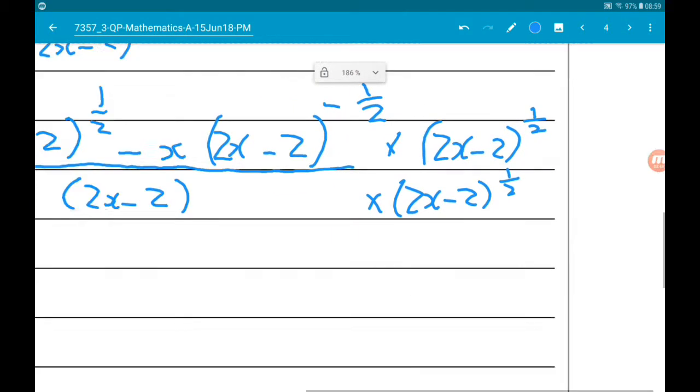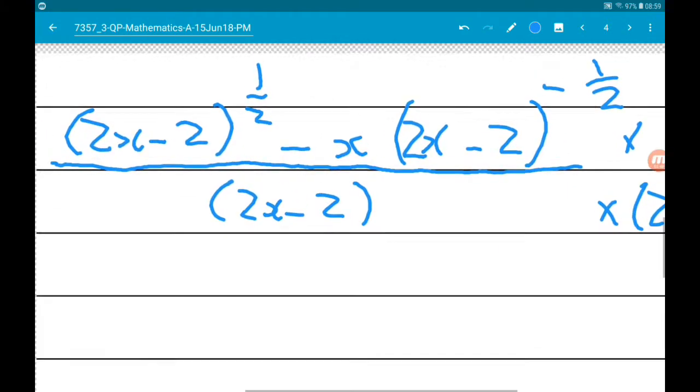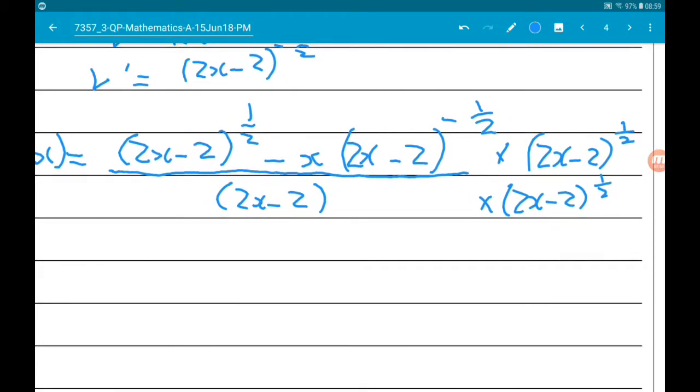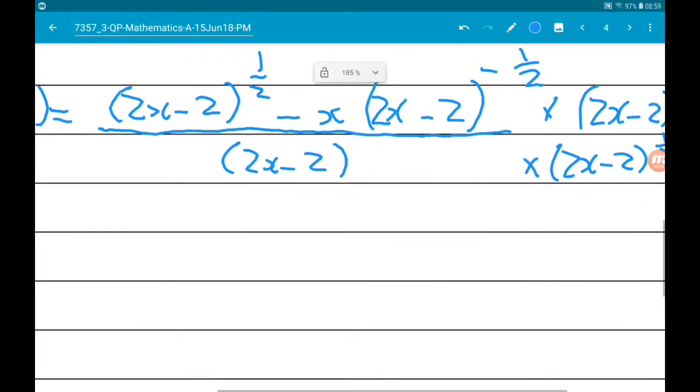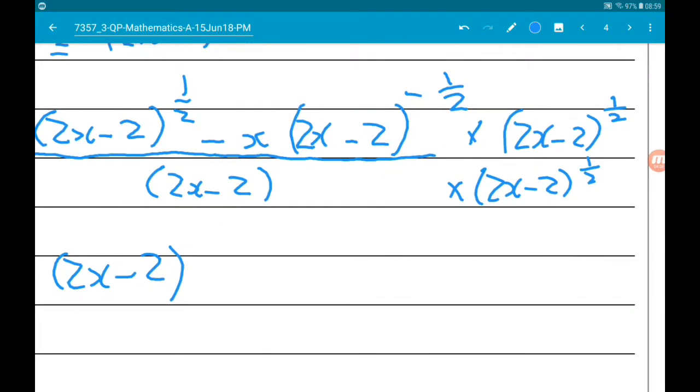So what that's going to do is turn the 2x minus 2 to the power of 1/2 at the start, times 2x minus 2 to the power of 1/2, into 2x minus 2 to the power of 1, and then 2x minus 2 to the minus half times 2x minus 2 to the half is going to be 2x minus 2 to the power of 0, which is 1. So we get minus x.